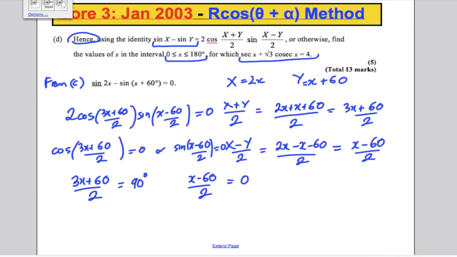For each of these, draw a little graph for yourself. We're saying here that this is equal to 90. Where is the cos graph equal to 90? Sorry, what has the same value as the 90 there?